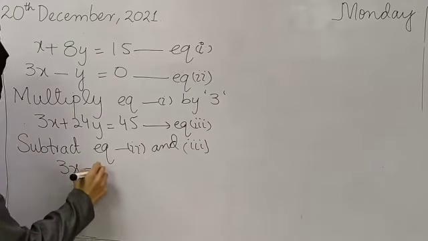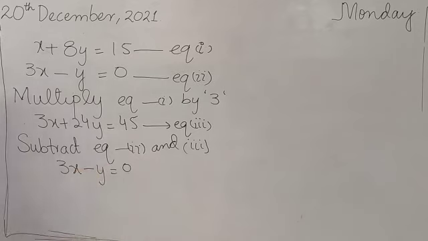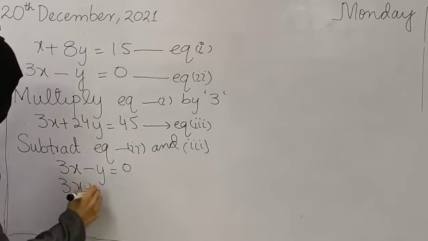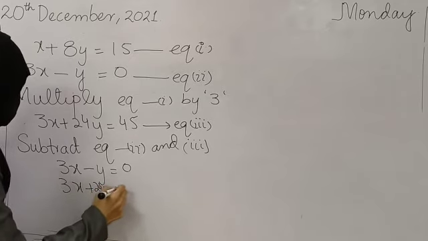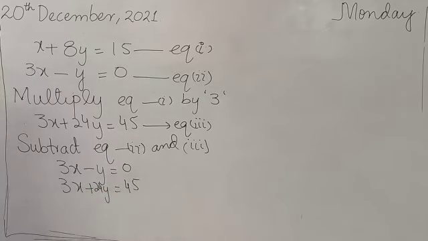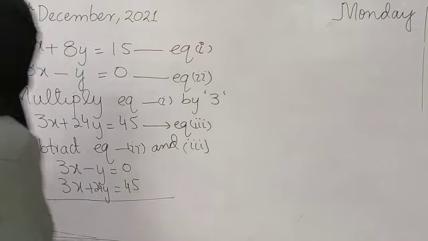Equation number 2 is 3x minus y is equal to 0 and equation number 3 is 3x plus 24y is equal to 45. Okay? Now perform the operation of subtraction.